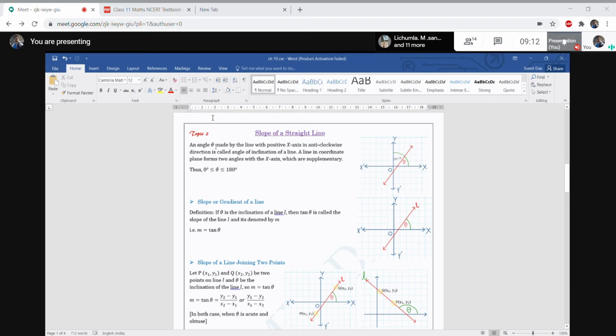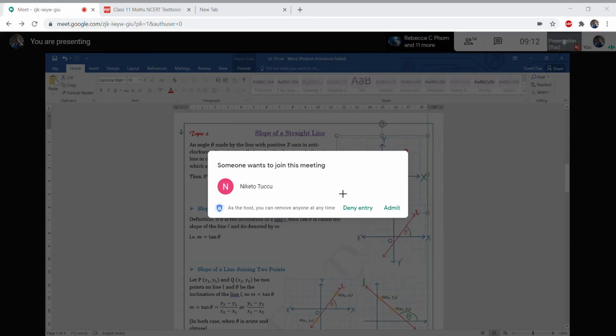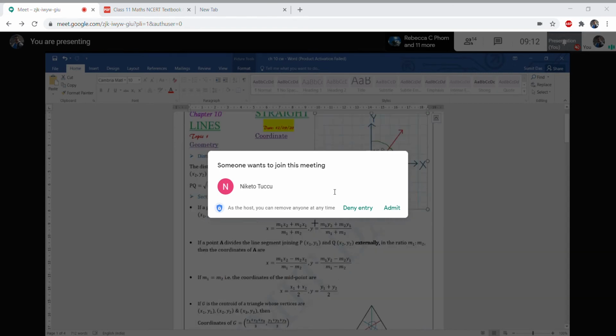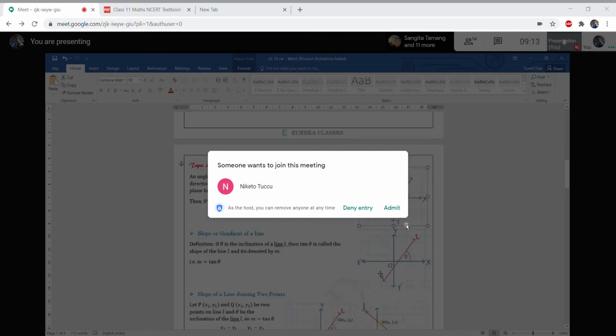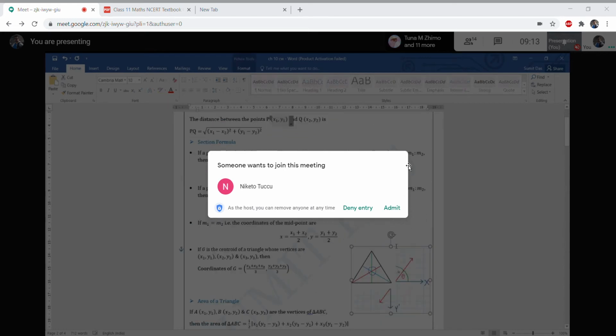I'm reading out this one. An angle theta, if you can see this, I'm enlarging this a little bit.